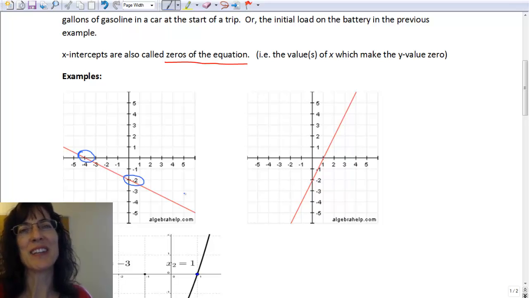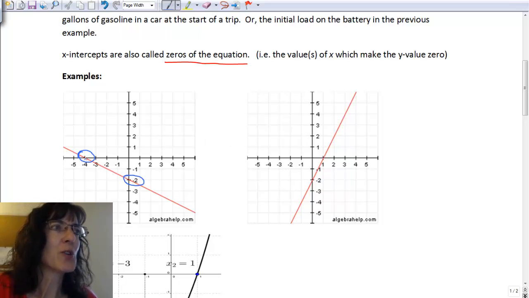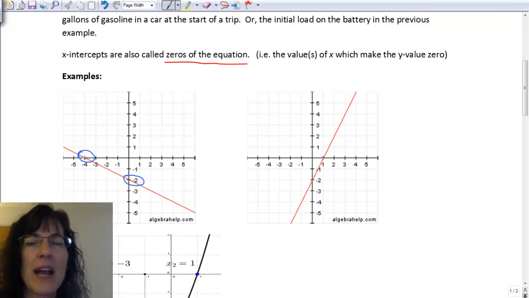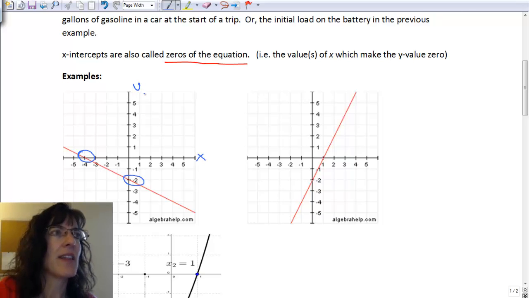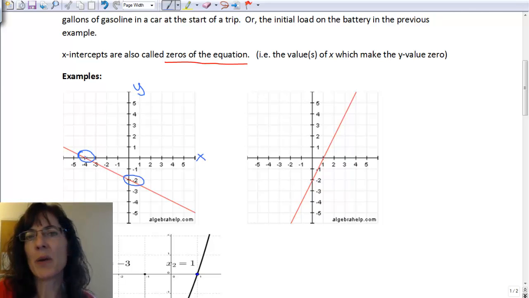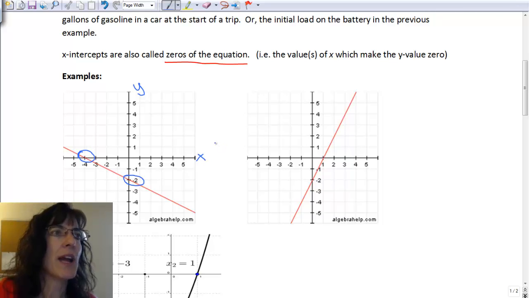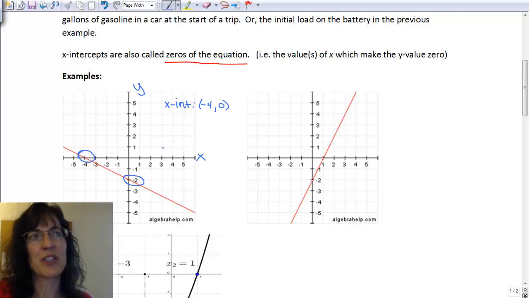We want you to write the actual ordered pairs. So for this one, we're going to count over -1, 2, 3, 4 in the x direction, because this is your x-axis, and then in the y direction, we're not going up or down, so it's just a 0. And that's what we expected. So our x-intercept is -4 in the x direction, 0 in the y direction.